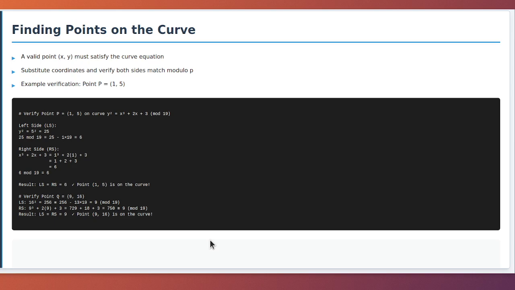Next, for 750 modulo 19, 750 divided by 19 is 39 with a remainder. So, 750 minus 39 times 19 equals 750 minus 741, which also equals 9. Since both sides equal 9, the point (9, 16) is also on our curve.